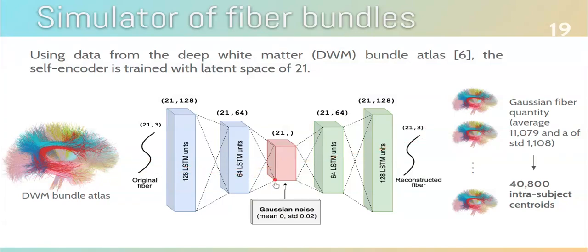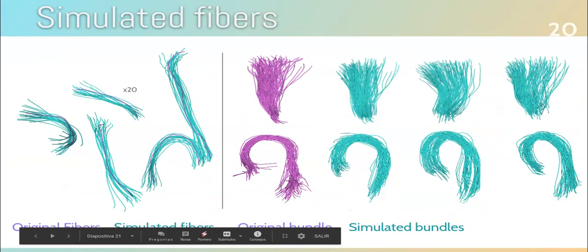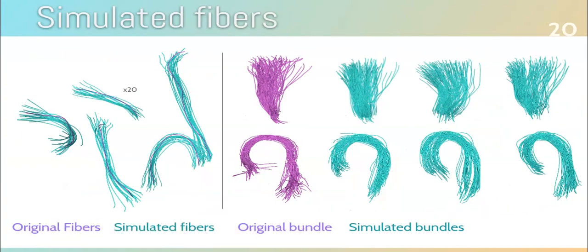After training the autoencoder, for each fiber of the atlas, we add Gaussian noise in its latent space and reconstruct it. The reconstructed fiber looks similar to the original one, but with a slight deviation in its shape and position. In addition, the amount of fibers is also variable for each subject and follows a Gaussian distribution.